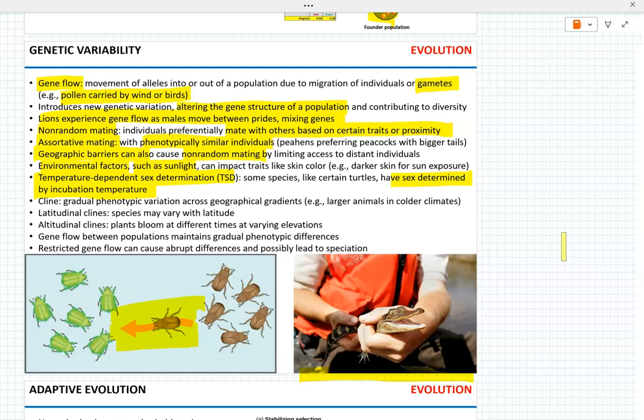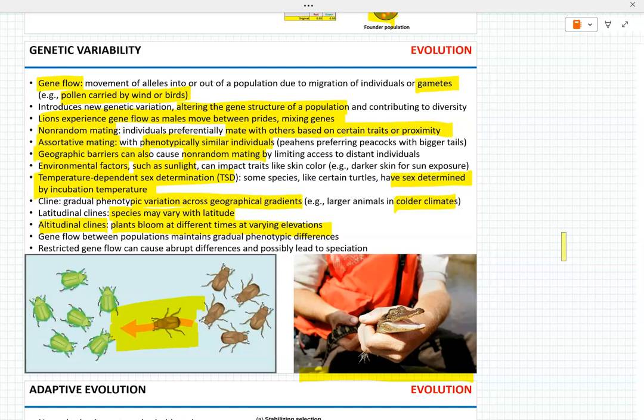phenotypical variation across geographical gradients. For instance, in colder climates up north, animals are larger. The phenotype of the species may vary with latitude, that's a latitudinal decline, or they may have different phenotypes at different elevations. This is an altitudinal decline. For instance, mountain plants can bloom at different times at different elevations.